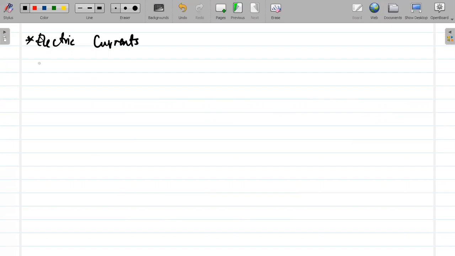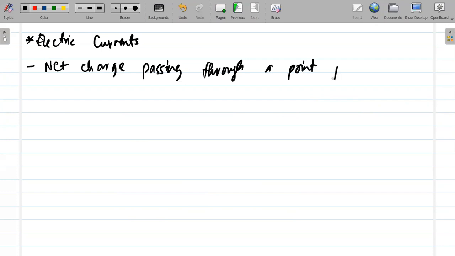Balik class, we define the current as a net charge passing through a point per unit time. Kung sa mechanics, velocity, position per time, sa electromagnetism naman, current ay charge per time. So dq over dt. Ang unit neto class ay coulomb per second or amperes.